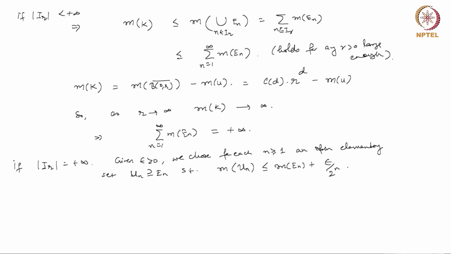So we are again going to use this compactness trick that we used before in the previous case, because then K is contained in the union of all these Un, and this means that there exists a finite collection of Un such that K is a subset of this finite collection 1 to capital N of Un.